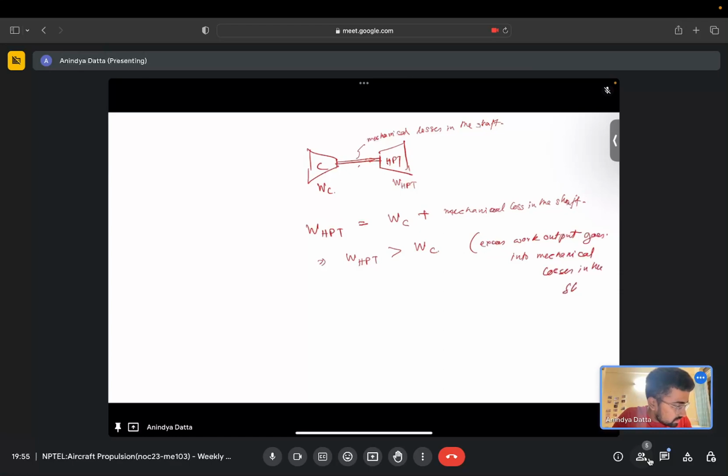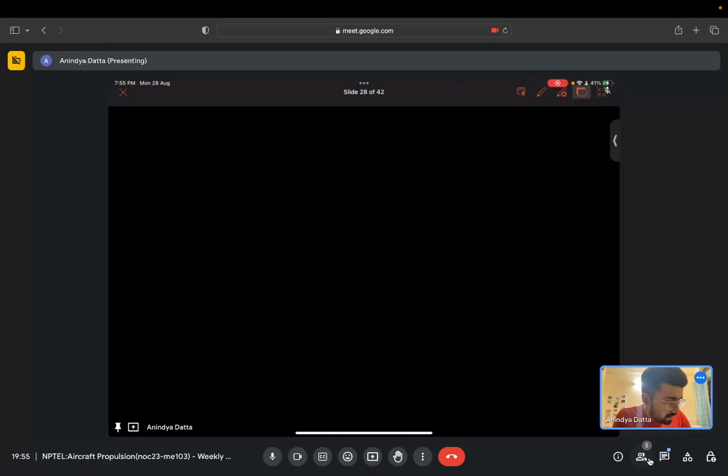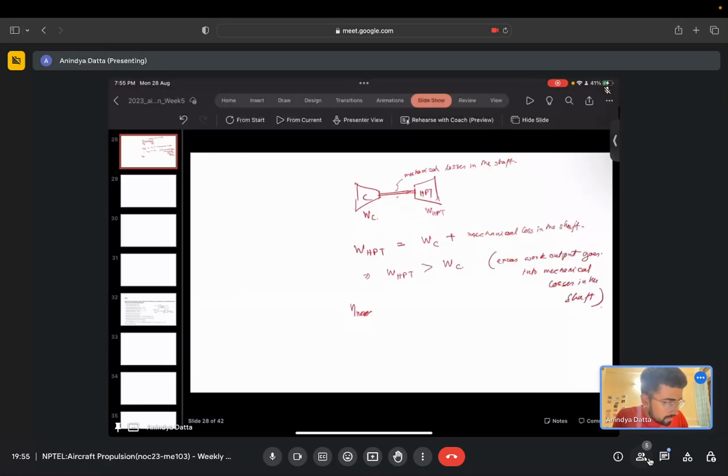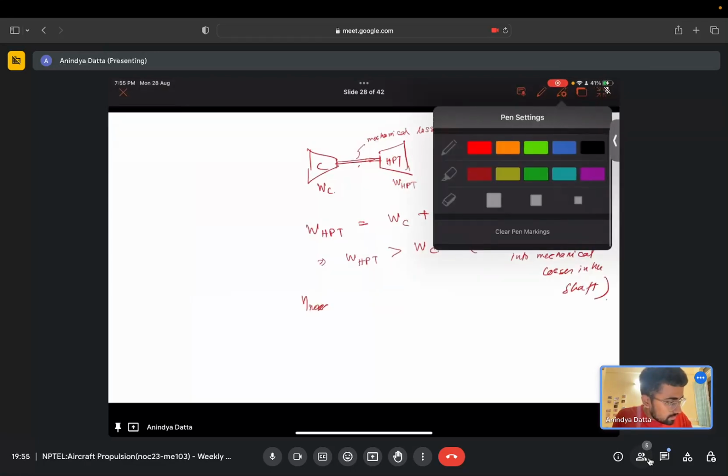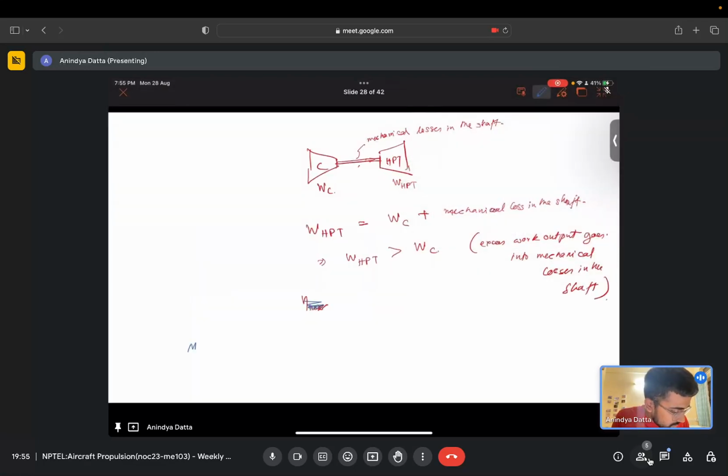Okay, so this thing we quantified in terms of an efficiency, which we call mechanical transmission efficiency, eta mech.